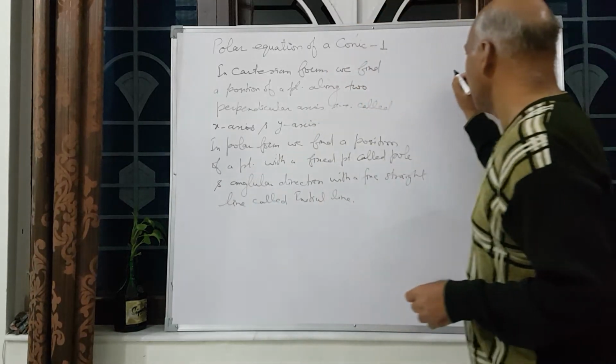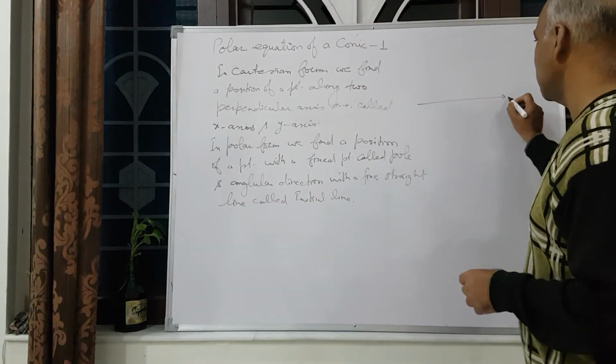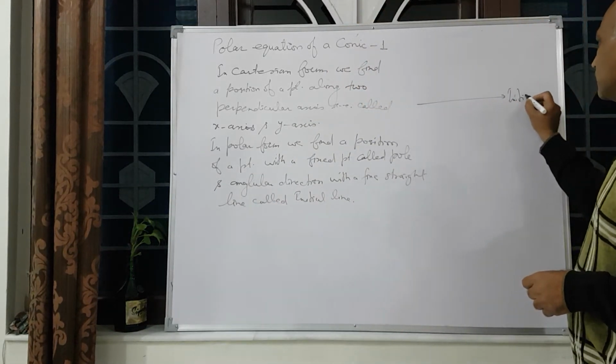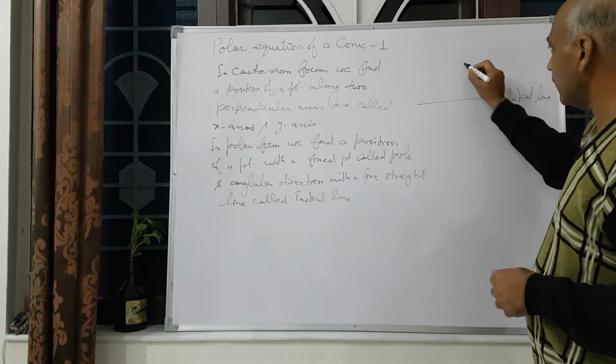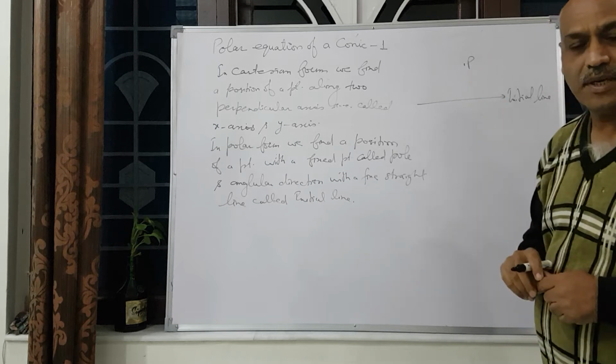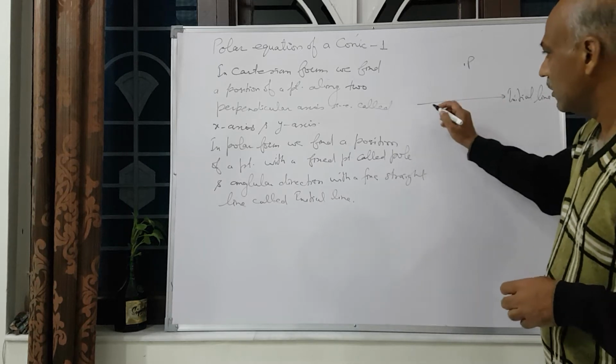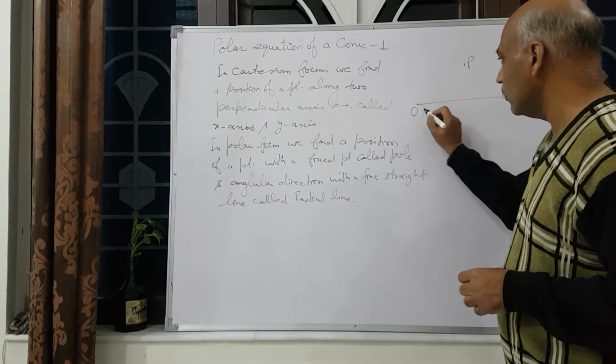Suppose this is called the initial line. So we have to find the position of this point P. P is a point in space, and this is the fixed point O. O is called the pole.